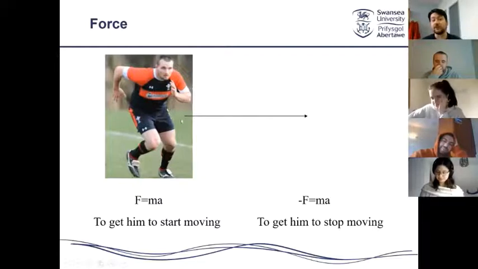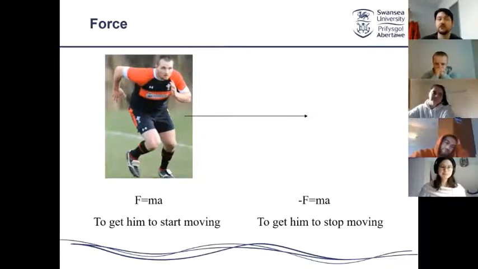So anyway, if we look at Newtonian mechanics in terms of rugby, we have a player. So this is Ken Owens. When he's at a state of rest, it requires some force to get him to start moving. And so this is F equals ma, Newton's second law.